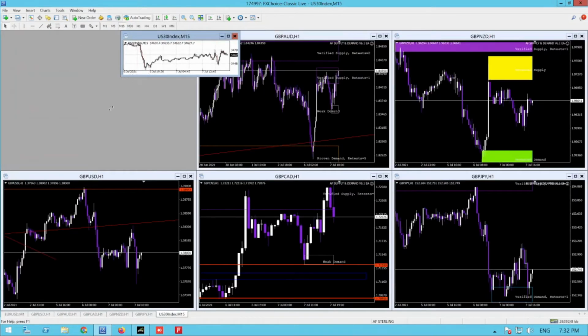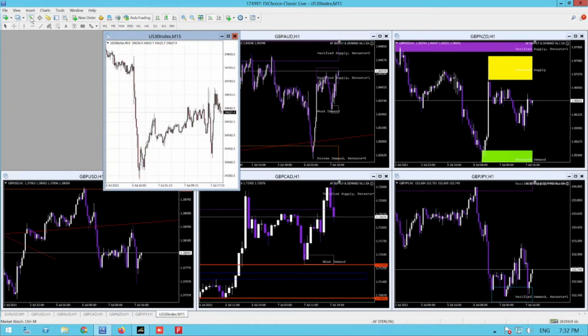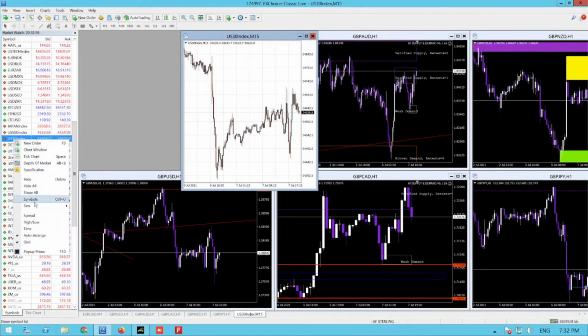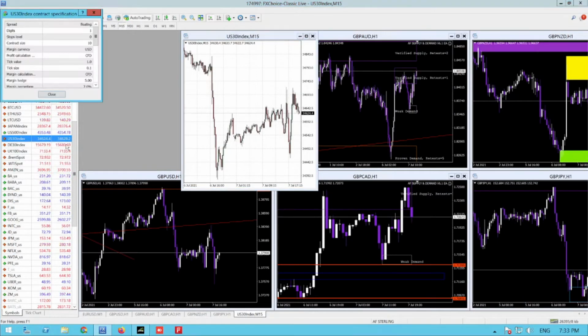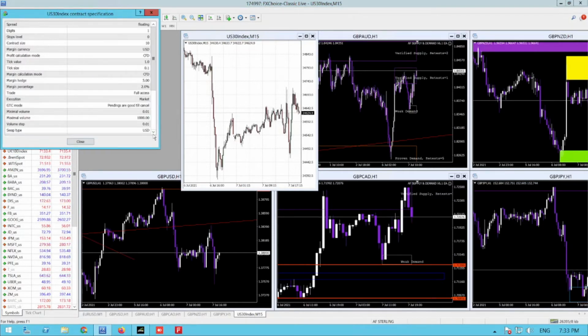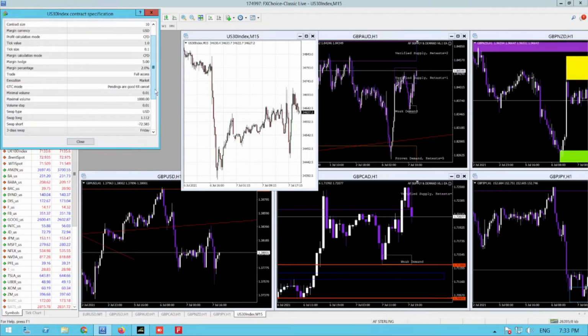And let's have a look at the specs. I think the specs will tell you a lot more about the asset. Let's go down to specifications, and let's widen it up a little bit. You can see it's a one-digit asset, and you can see the minimum contract size, tick value, blah blah blah, all the boring stuff.